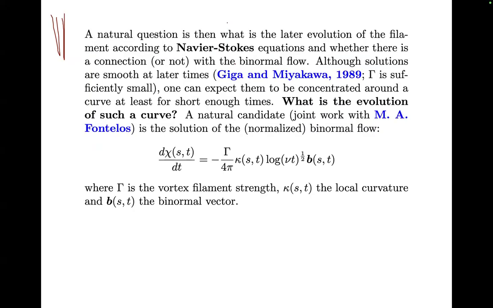So then the natural question is, what happens when you try to follow the filament? What is the evolution if you take the Navier-Stokes equation when the initial condition is the one that I gave? This was an open question for decades. It was not given a first answer until 1989, thanks to a work by Giga and Miyakawa, where they assume some kind of smallness of the circulation in terms of the viscosity.